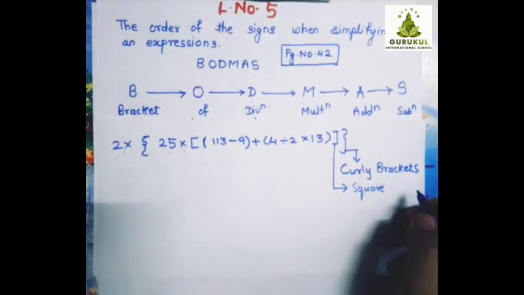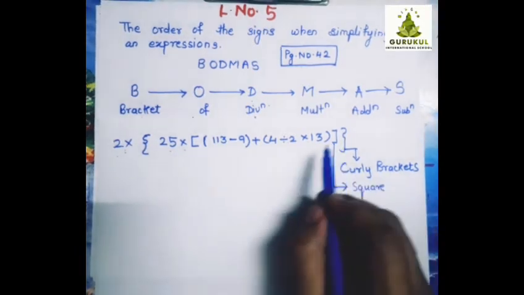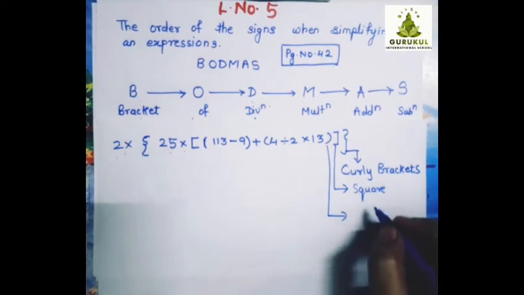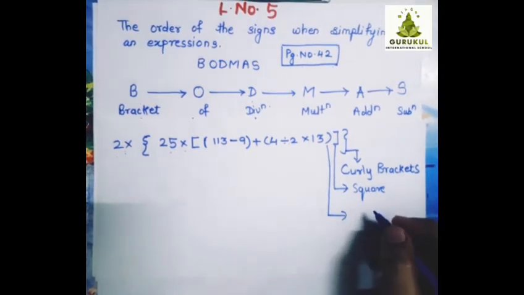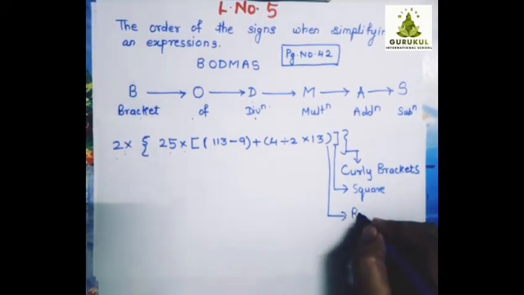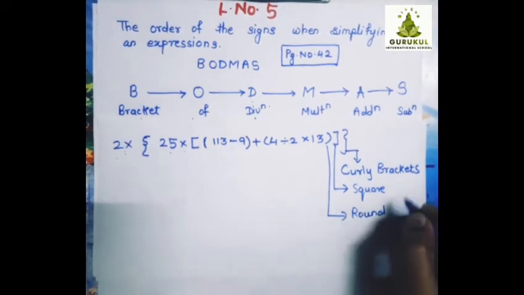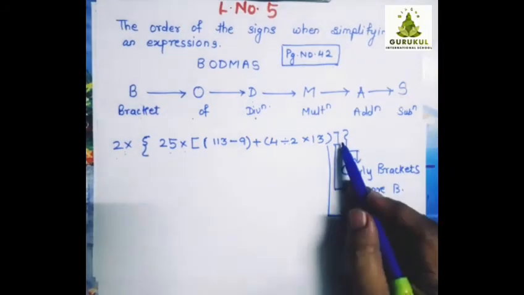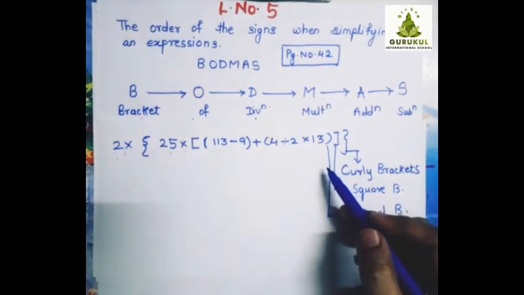Then next, the normal bracket which you have already seen, we call such brackets a curve bracket, or round bracket, you can call it a round bracket. So, B for bracket: curly bracket, square bracket and round bracket.